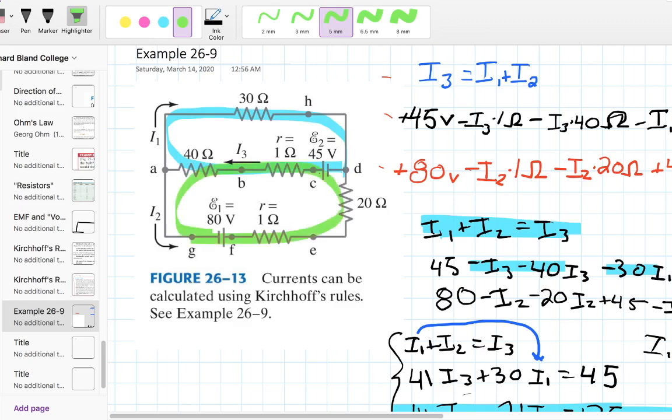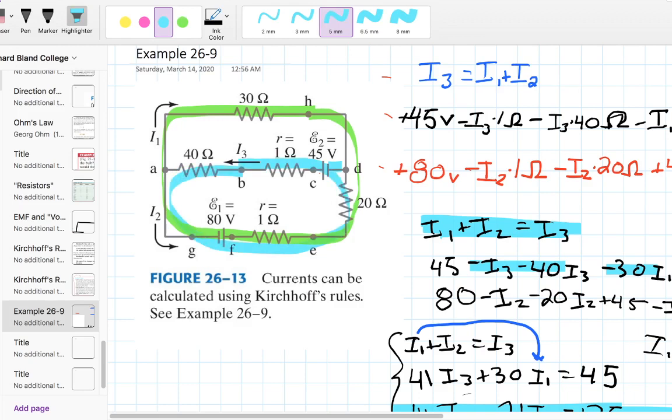Try doing this whole problem again, but instead start at H and go around the whole outside loop like this. Then start at B and go through, I don't care which, either way is fine. Start at B and go around this loop like this.